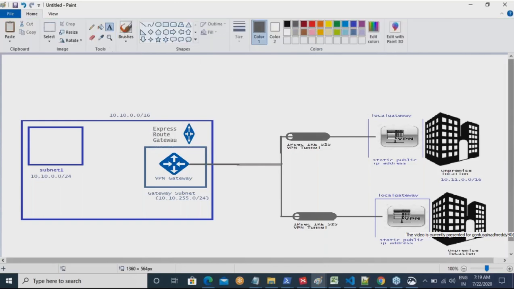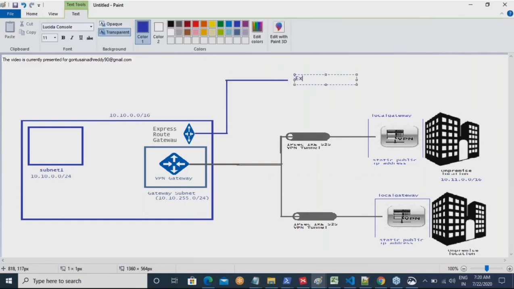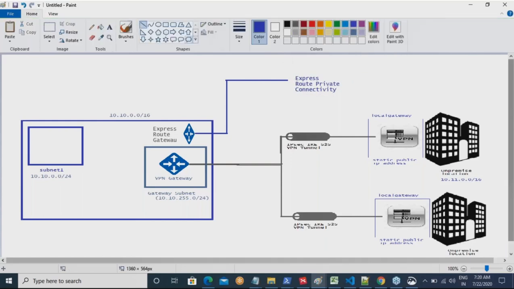Now, this Express Route Gateway has Express Route connectivity, and this connectivity is private connectivity. It is not using the internet at all, between your Azure virtual network and your on-premise.